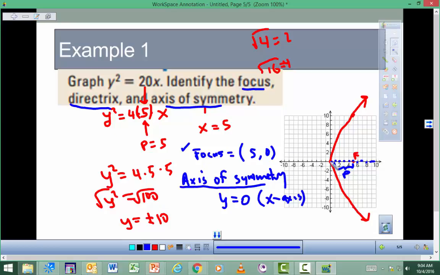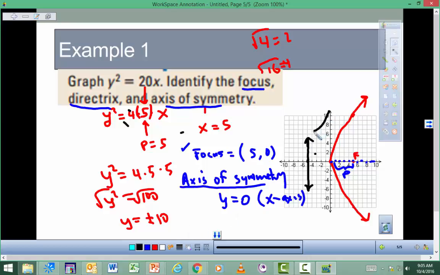Well, the directrix is going to be 5 units this way. So the directrix is going to be 1, 2, 3, 4, it's going to be right here. And it's always perpendicular. I'm going to try and get this drawn in. Try to draw this good. This is a little tricky with these tabs. You'll have a line that looks like that.